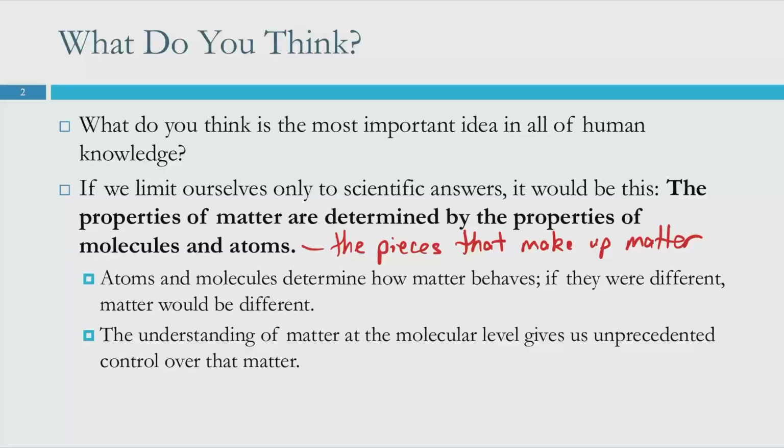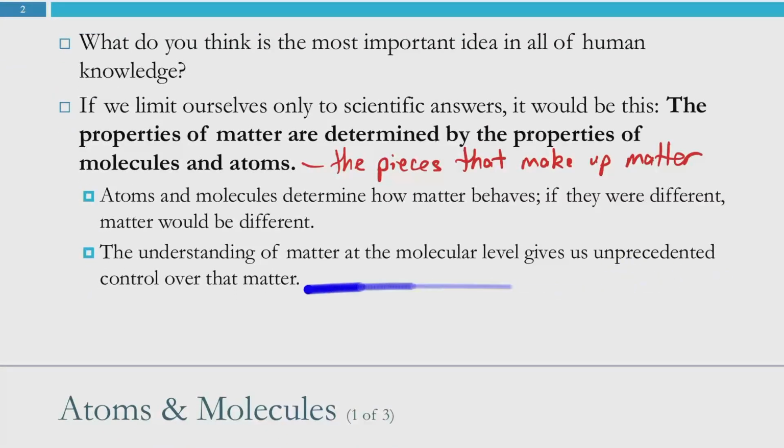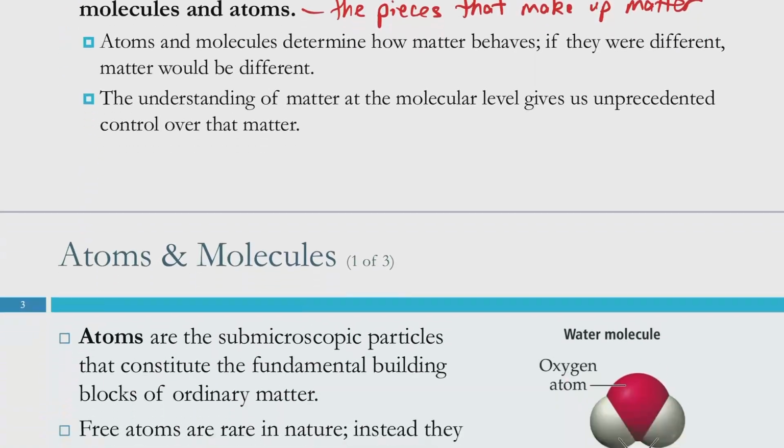Those things determine how matter behaves, and if those things change, then the matter also changes. The way that the world that we observe also changes. So this gives us an unprecedented level of control over that matter, or at least understanding of that matter.